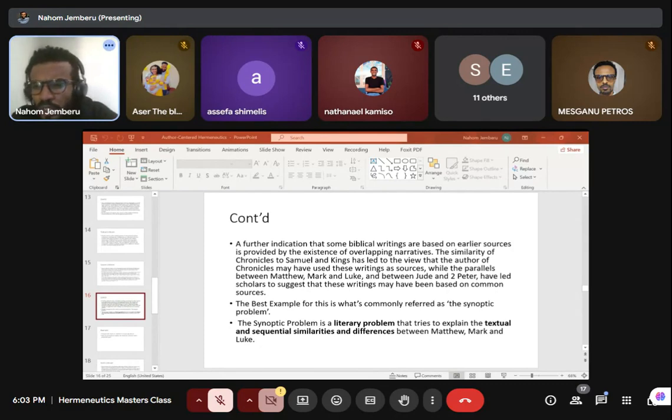So the chronicler has a post-exilic perspective on what's actually been written in First and Second Kings, and the same is evident in Matthew, Mark, and Luke. And this actually is very evident, and it has a name. It's called the synoptic problem. The synoptic problem is a literary problem that tries to explain the textual and sequential similarities and differences between Matthew, Mark, and Luke.